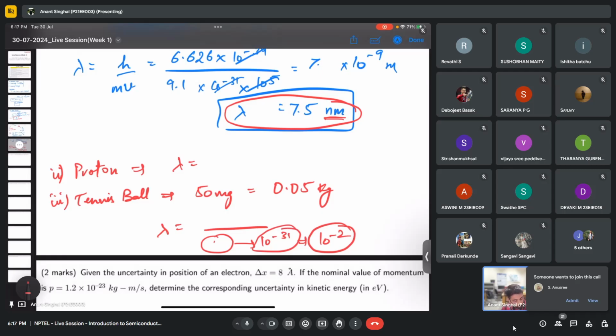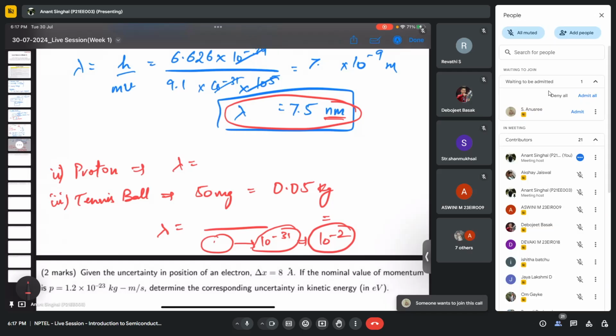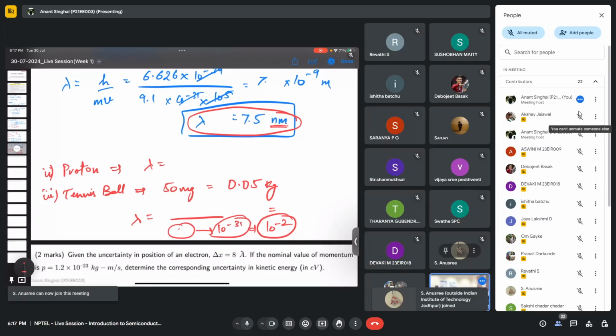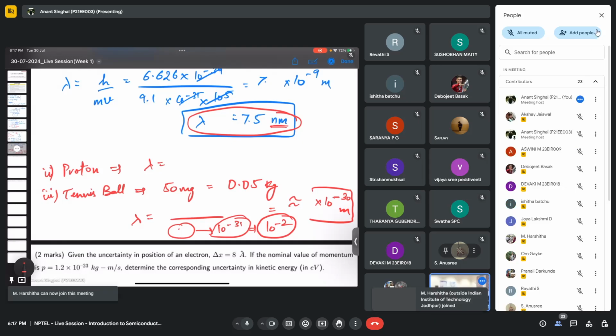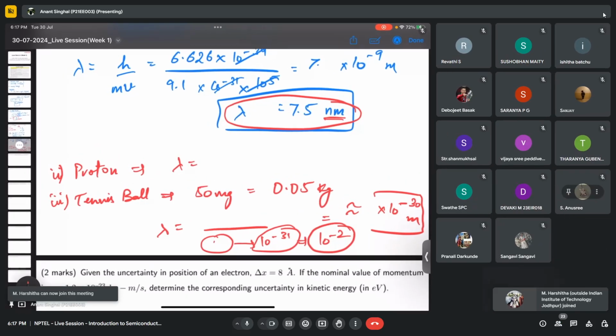So we clearly see a decrease in the wavelength, by an order of 10 raised to power 29. So this will be something like 10 raised to power minus 30 meter. So we can see that we don't have any significant wavelength here. Do you understand what I'm trying to say?